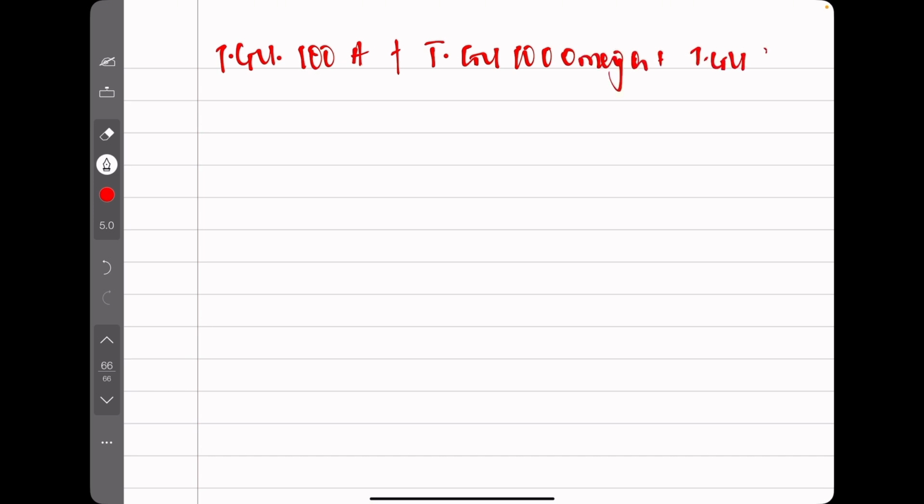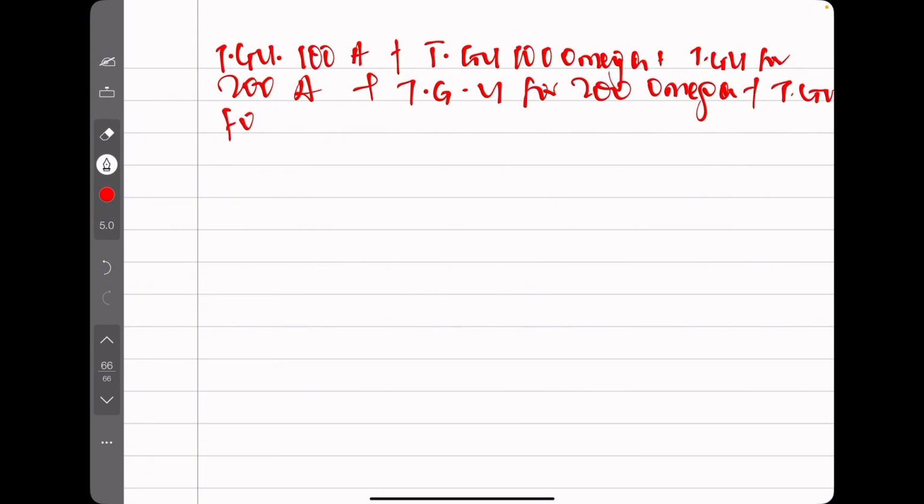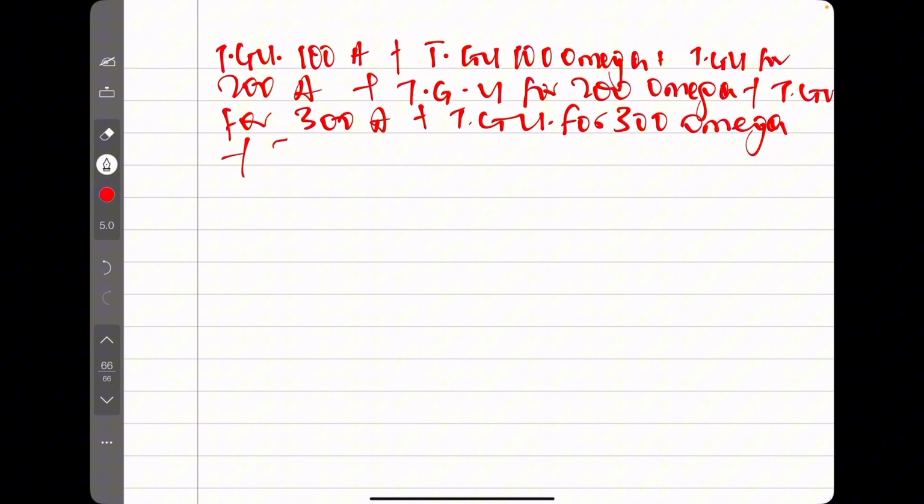Some of us might be wondering, okay, well, probably that's for just one session. If you want to get it for, maybe you're in 400 level, you want to get your CGPA, that would be your TGP for 100 level alpha plus TGP for 100 level omega plus TGP for 200 alpha plus TGP for 200 omega plus TGP for 300 alpha plus TGP for 300 level omega plus TGP for 400 level alpha.